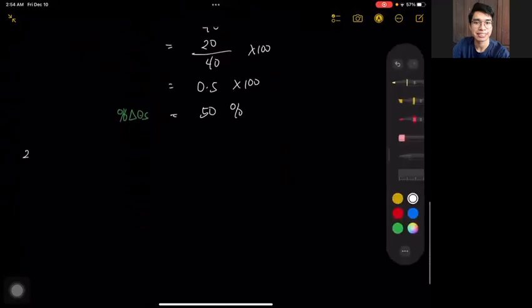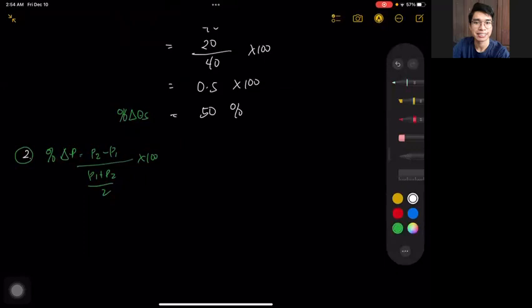So, step 2 is percentage change of P is equals to P2 minus P1 divided by P1 plus P2 divided by 2 multiplied by 100.